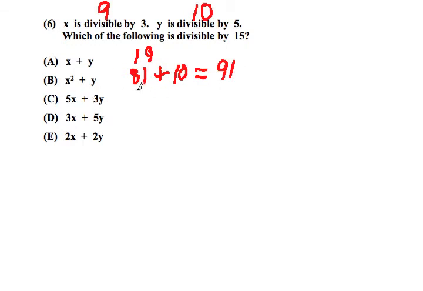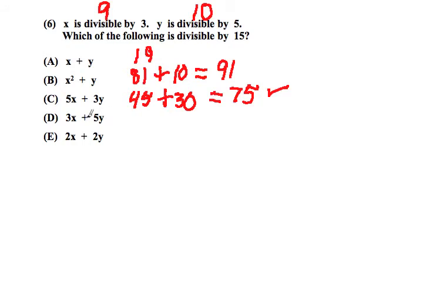So that's not divisible by 15. 5 times 9 is 45. 3 times 10 is 30. So that's 75. So again, you'd want to be doing these on your calculators. So a quick division would see that it's divisible by 15.